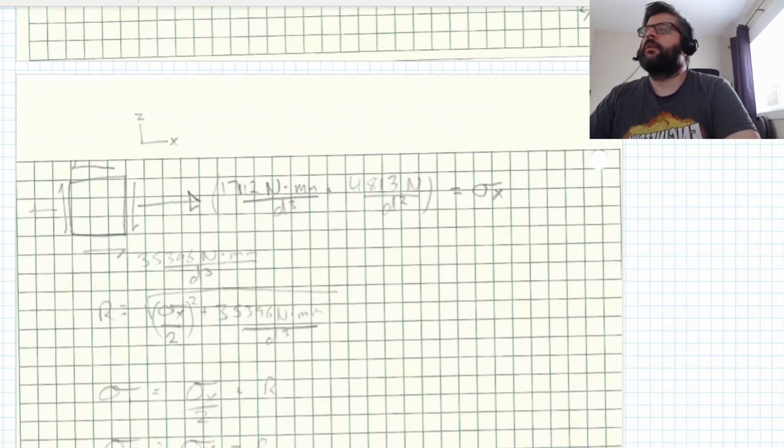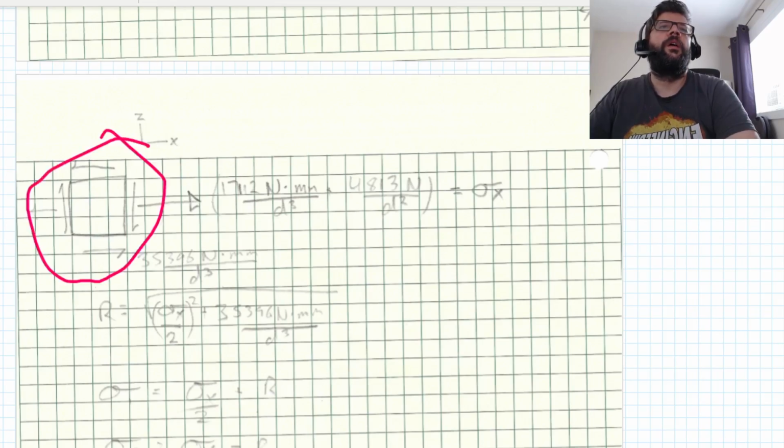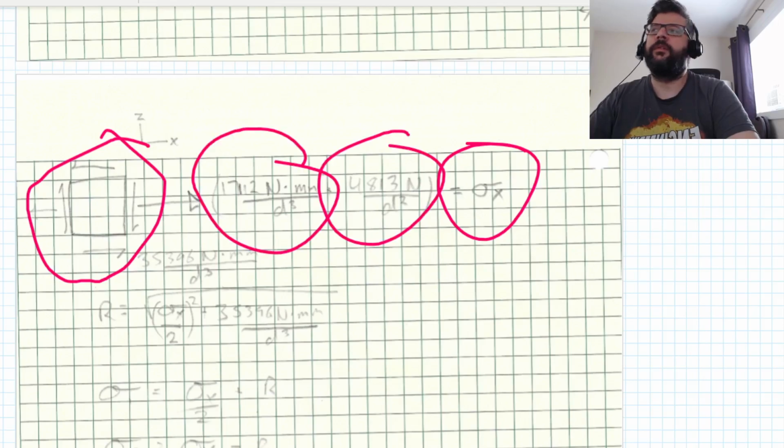Putting that on a plane stress element here, we've got our normal stresses, which are the combination of the 17,112 Newton millimeters per d cubed, which is the bending, sorry, I said axial, I meant bending, and the axial, the 4,811 newtons per d squared.